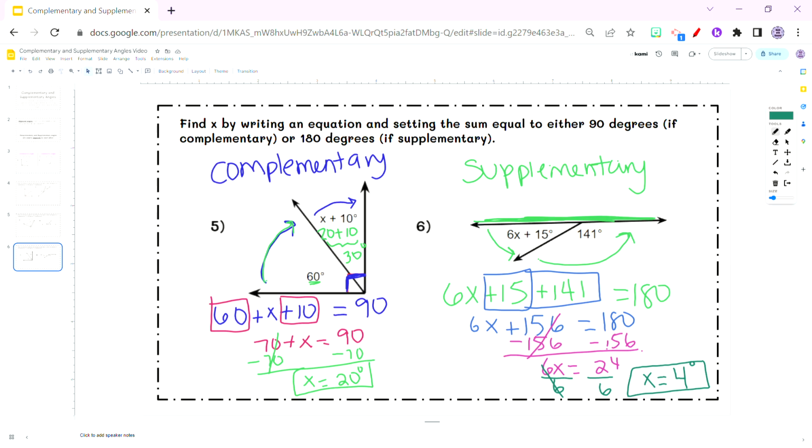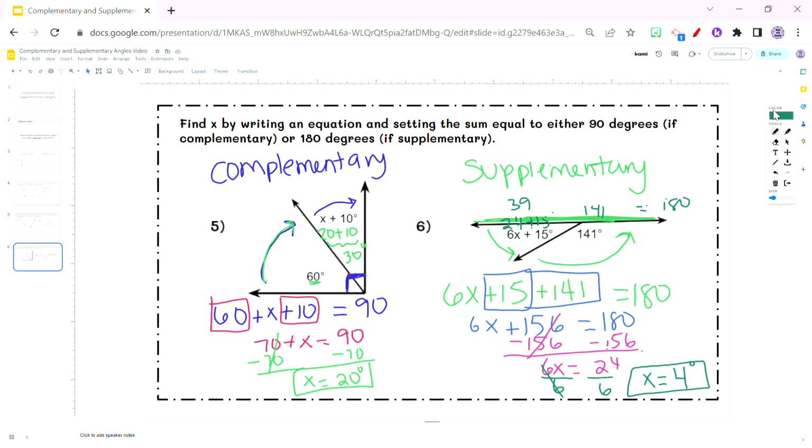All right, so x is equal to 4 degrees, and if we plug that in, right, 6 times 4, this will get us 24 plus 15. When you add 24 plus 15, you get this angle to be 39, and 39 plus 141 does add up to 180 degrees.